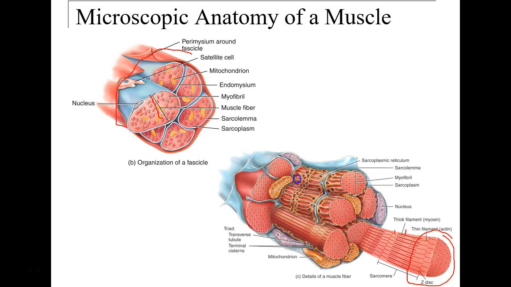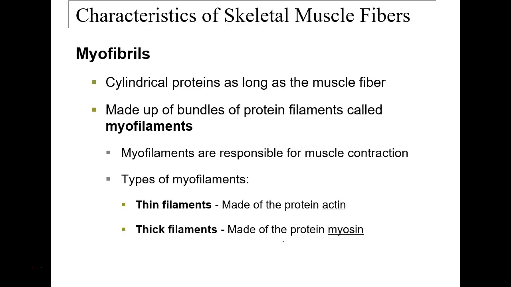This is that membranous sac structure, the sarcoplasmic reticulum, that is going to hold all the calcium for muscle contraction. And we see some mitochondria for ATP production. Here's a nucleus, and here's a nucleus.